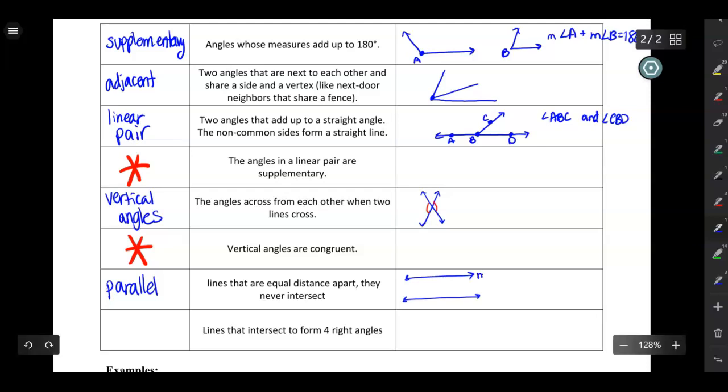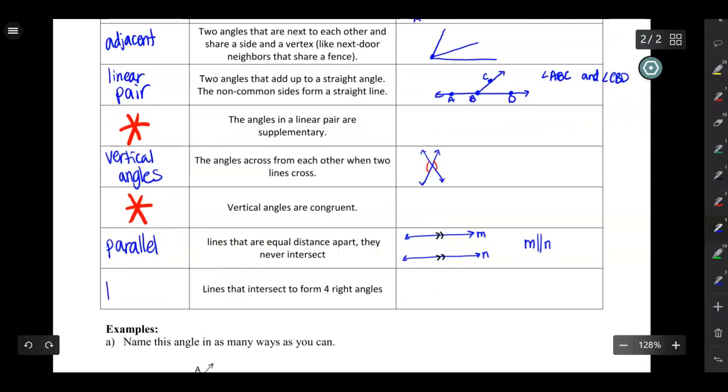Let's name those lines M and N. I can show you the symbol we use to denote that these two lines are parallel: you would say M is parallel to N. That little double vertical bar tells you that they're parallel. If you want to denote on the picture that they're parallel, you put these little arrow symbols in the middle of the line. That means that those two lines are parallel. You could also do two little arrow marks if you need to.